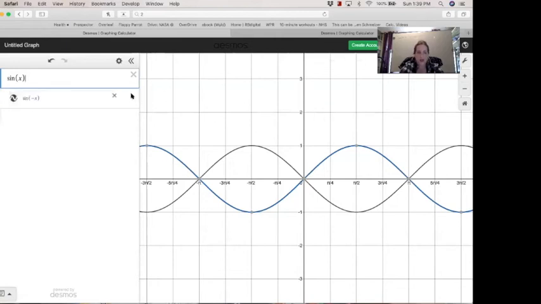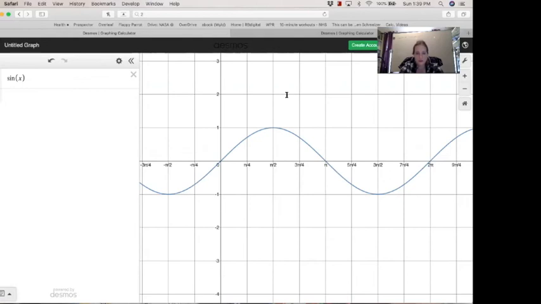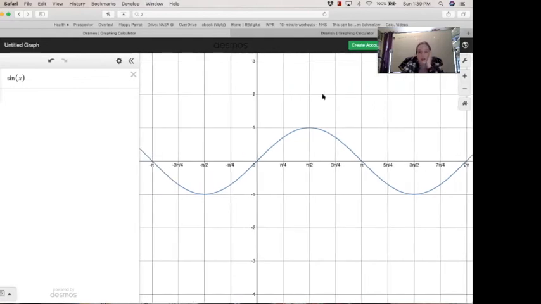All right. So now let's talk about horizontal and vertical shift. Well, remember that a vertical shift is when I add or subtract something outside of my function. So just for a minute, think about what will happen when I take sine of x and I add 2. What is that going to do to my function?